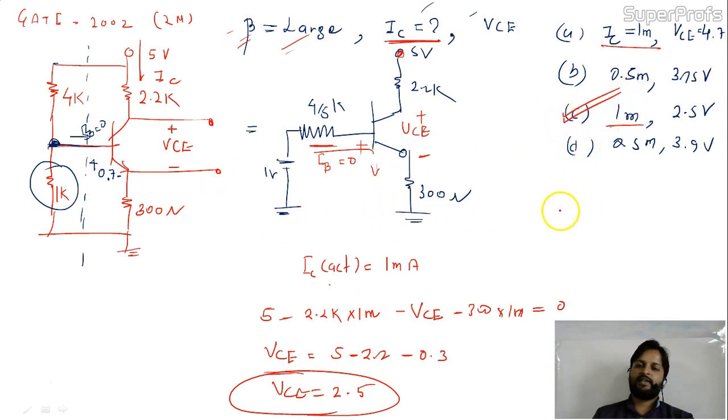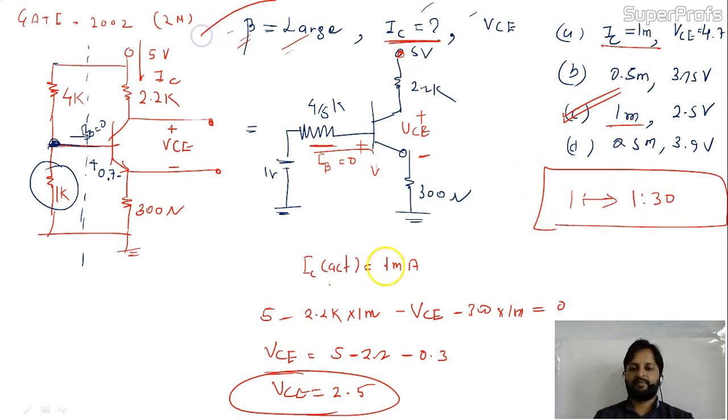So this question will take hardly 1 to 1.5 minutes and you will get 2 marks. Okay. So please try to understand that while proceeding, directly at the input stage, first check at the output stage for saturation, first check the condition, then only answer the question. If you do it wrongly, you will directly calculate IC.